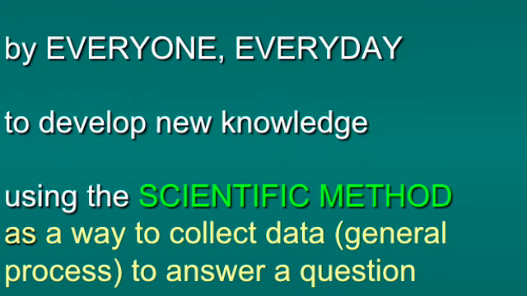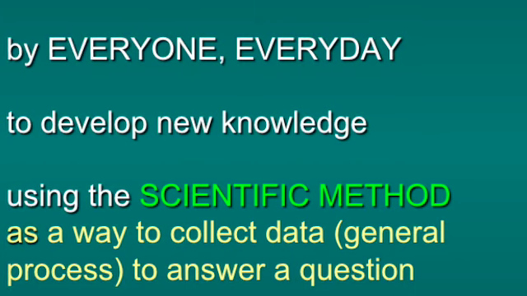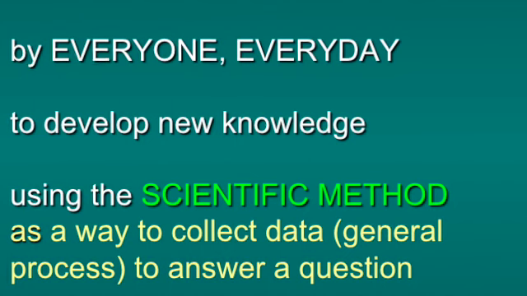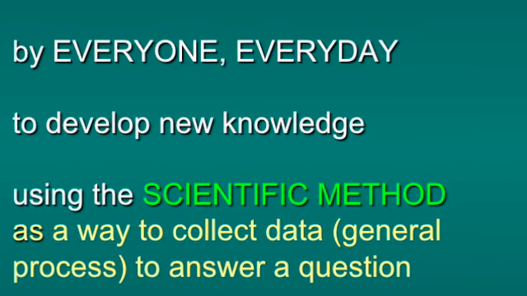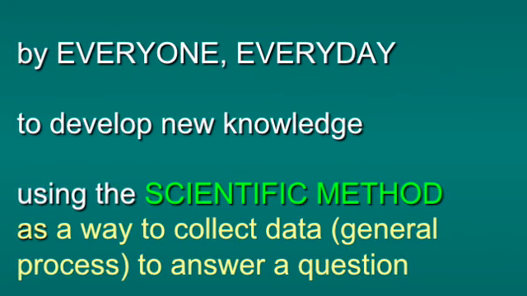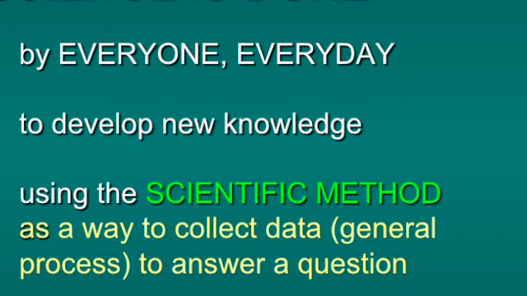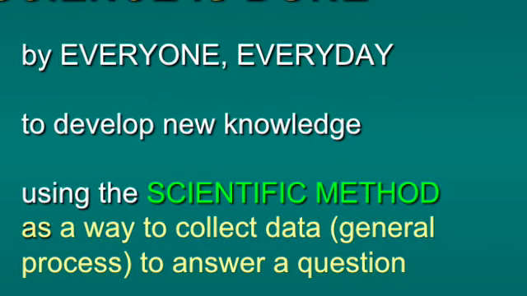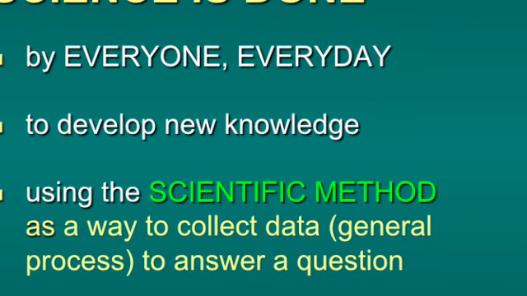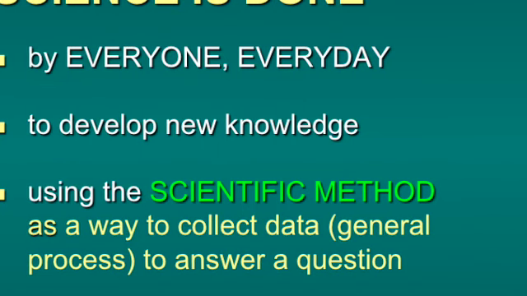Science is done by everyone every day, and we do this to develop new knowledge, to answer those questions that we have. Sometimes people don't actually realize that science is taking place, but when you're cooking in the kitchen, that is chemistry. Even just existing, there are hundreds of reactions that occur inside your body every single day to keep you alive.